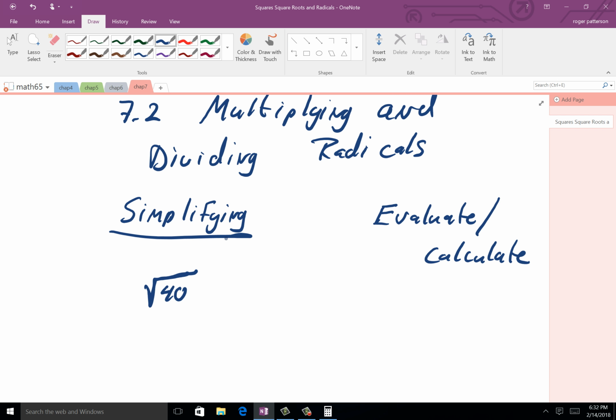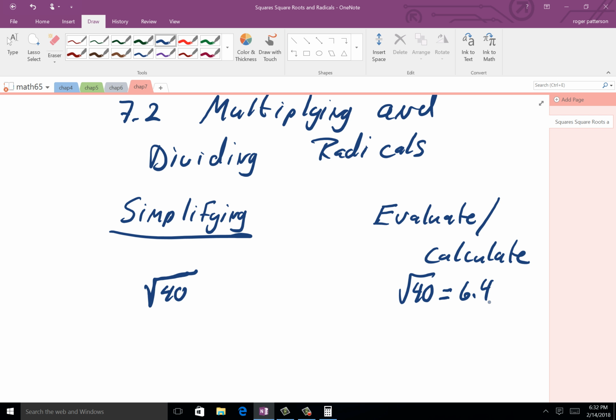This is where it gets a little tricky when we're doing things on tests and quizzes. What's the difference? Well, if I'm going to evaluate or calculate, I'm going to use a calculator and figure out what that is. That's about 6 point something, pretty close, probably 6.4. But if I'm going to simplify it, then I'm going to take that chart that I had, and the idea is to find the largest perfect square that goes into 40 evenly.